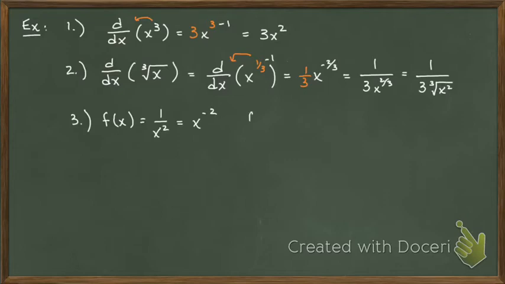So that means that f prime, the derivative, will be my power brought down, negative 2, and subtract 1 from the power, x to the minus 2, then minus 1. So minus 2 minus 1 should give me a minus 3, and I'm just going to then quickly bring that down to the denominator. So the power is now minus 3, and I bring that down.